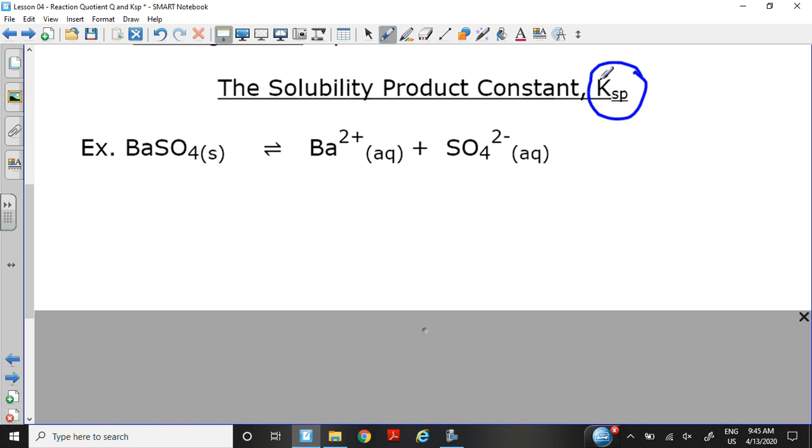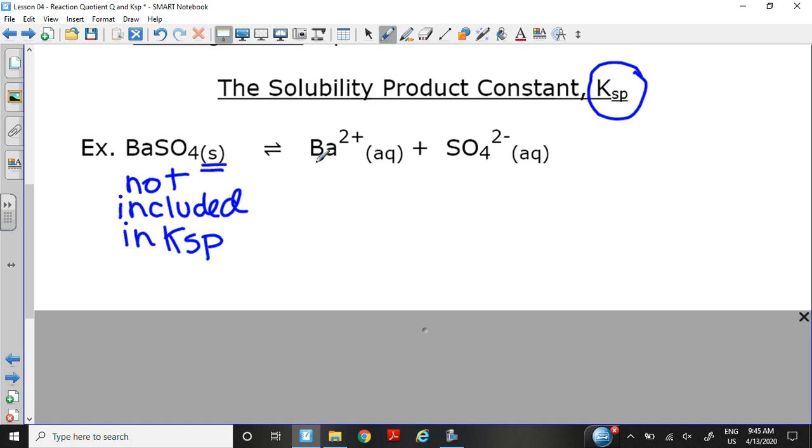So the constant is the K, and solubility product is the S and the P. So to write out a KSP, we're not going to include the solid. Okay, so we're not going to include that at all.